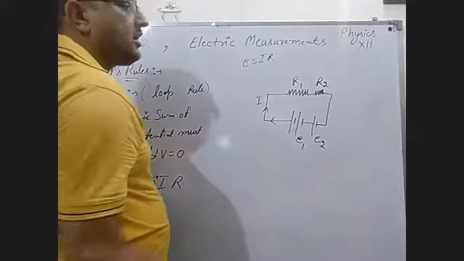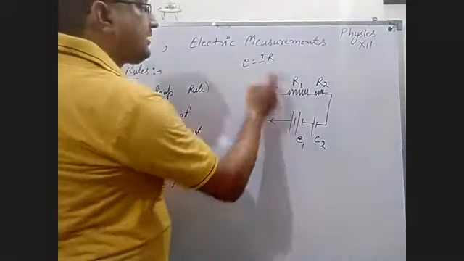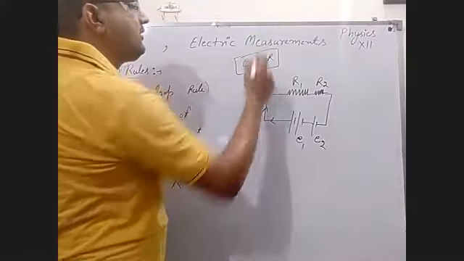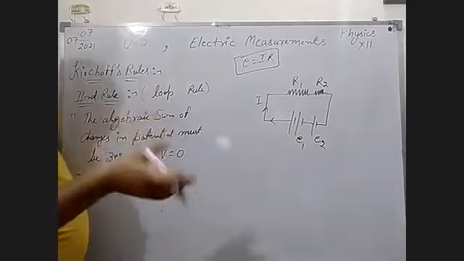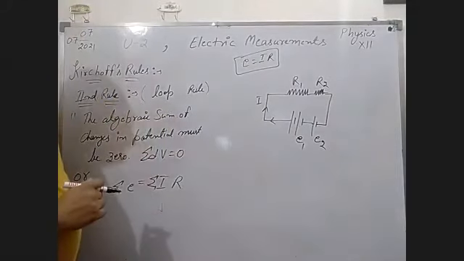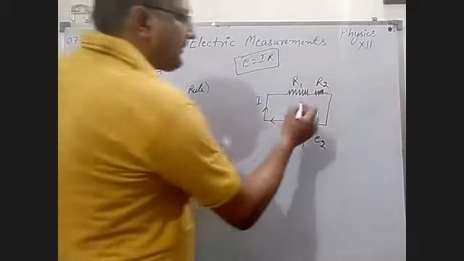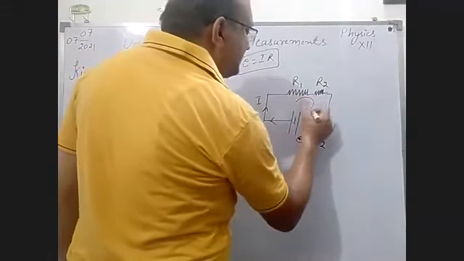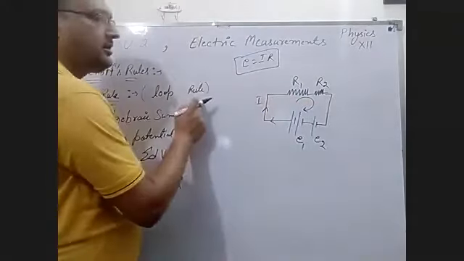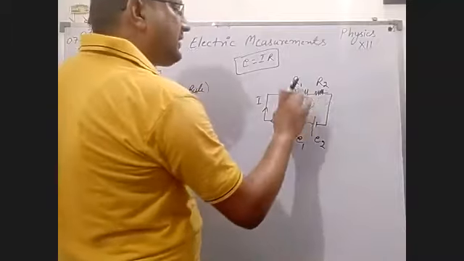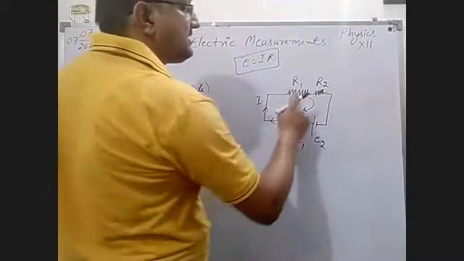Then how can you write this equation, Ohm's law equation? Because Kirchhoff's rule is a modification of Ohm's law. Okay. Now you have to apply in this case loop rule. In this loop rule, you can consider either clockwise or anti-clockwise direction.